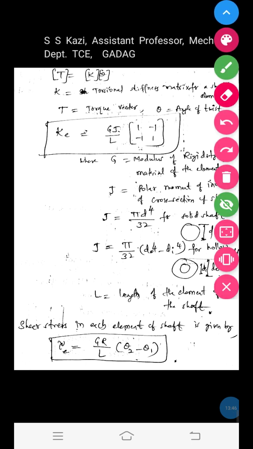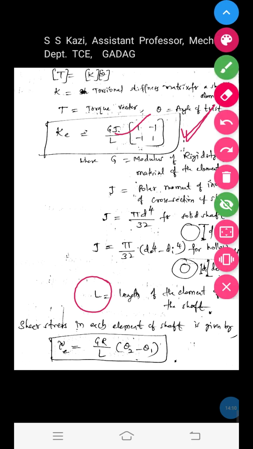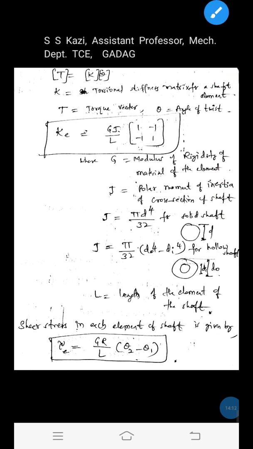Next, L is the length of the shaft element. You just need to substitute and calculate the stiffness matrix for that particular element. For all the elements, by substituting G, J and L, you calculate the stiffness matrices and assemble those matrices by using the procedure we have adopted in the previous videos for bars, trusses and beams.